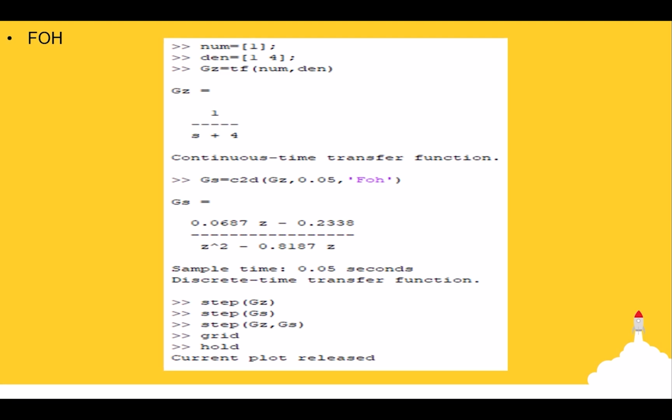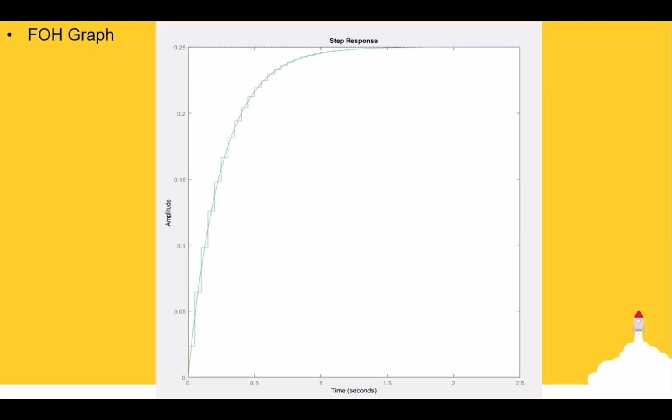And then we get 0.0687z minus 0.2338 over z squared minus 0.8187z. And then we need to generate the output graph. Firstly, we step Gz, step Gs, and then step Gz and Gs. And this is the output graph for first order hold.